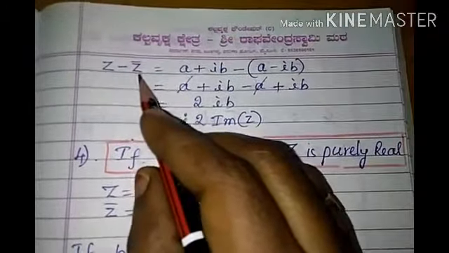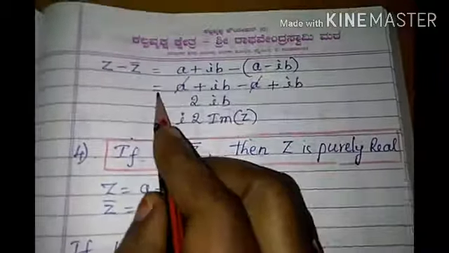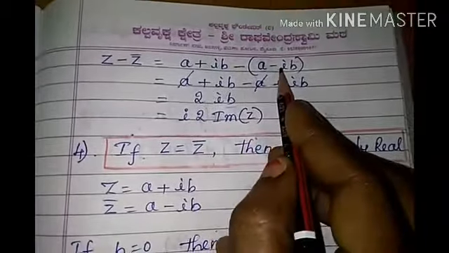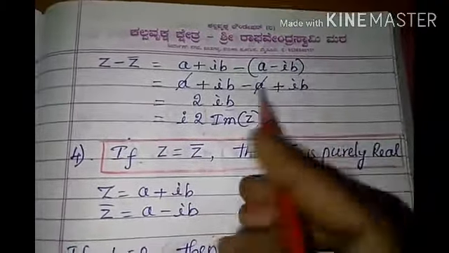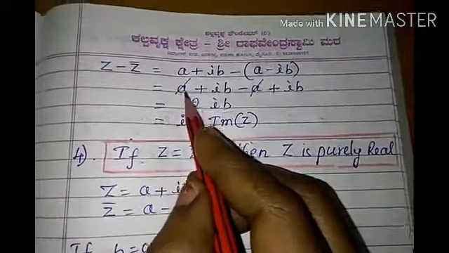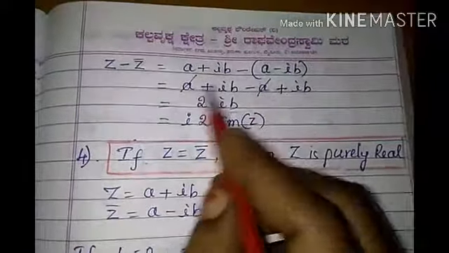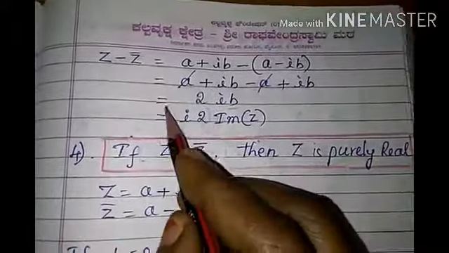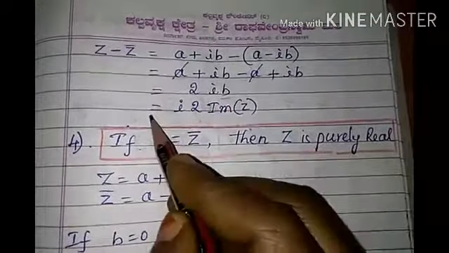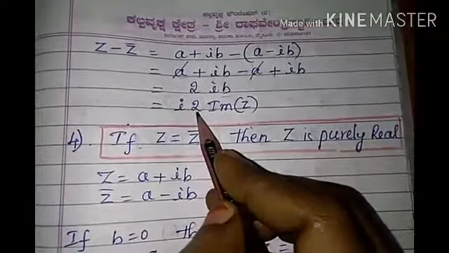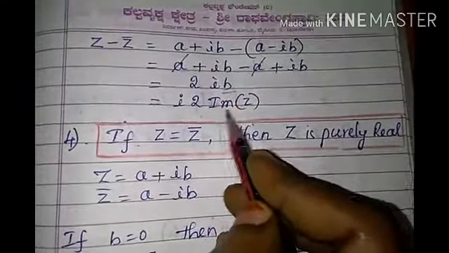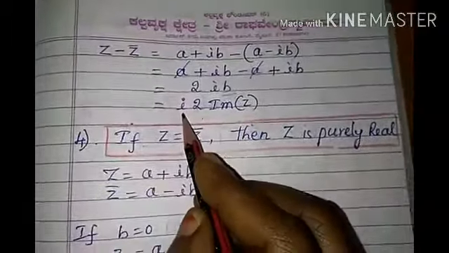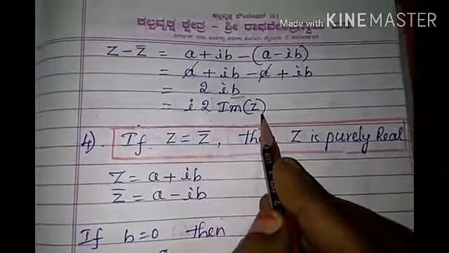That is plus a minus a, plus ib plus ib. Here a and minus a cancel, and the remaining are ib plus ib. So we get 2 into ib, that is equal to i into 2 into b, where b is called imaginary z. So we get z minus z bar equals i into 2 times imaginary z.